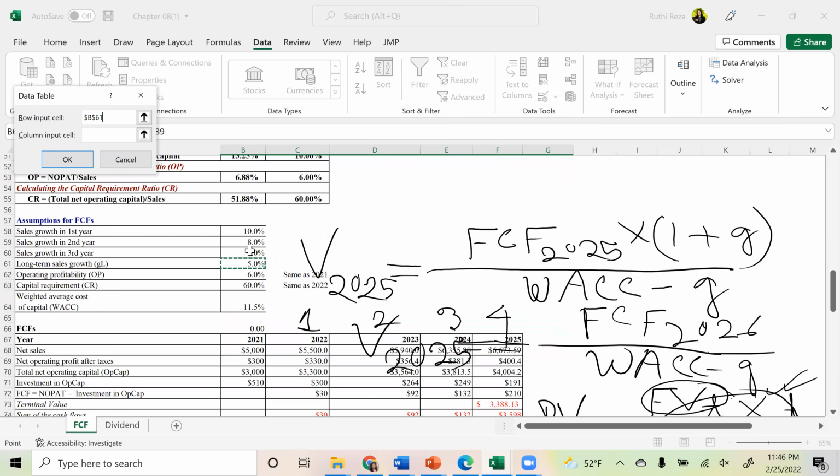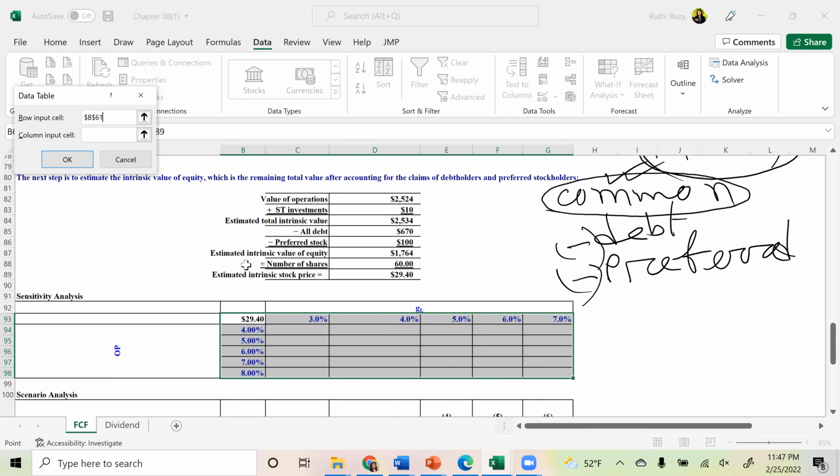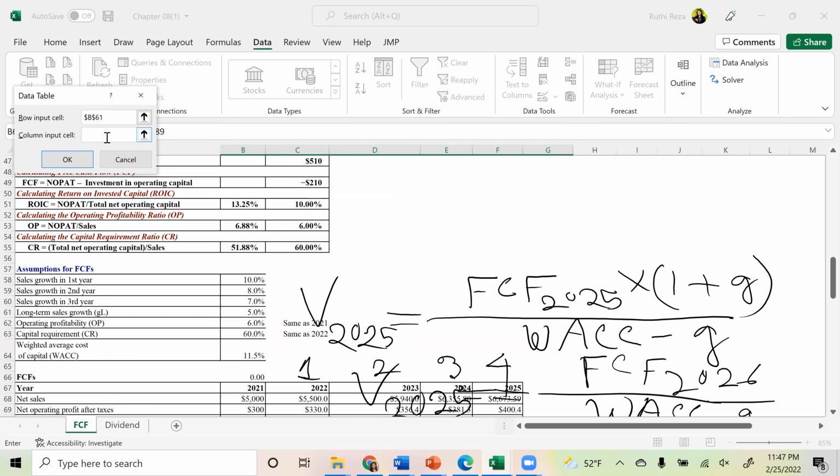And then on the column section, you can see you put operating profitability ratio. So select the operating profitability ratio for the column input cell. Operating profitability ratio, 6%. And you're gonna choose all of these numbers from the assumptions section. All right, then hit OK.